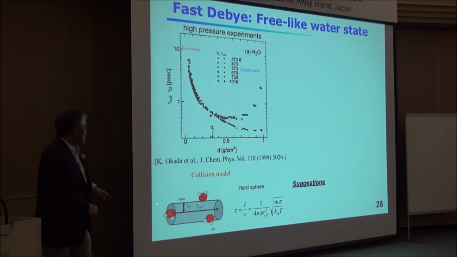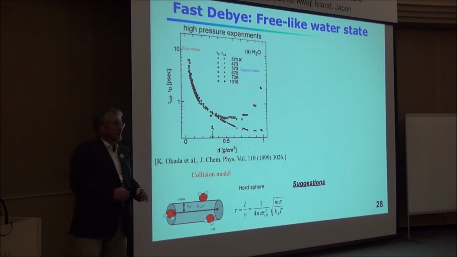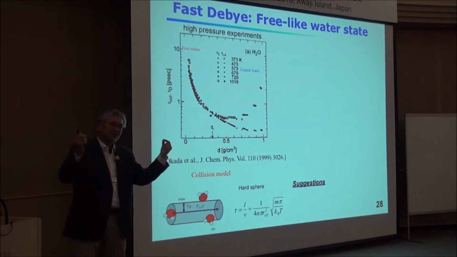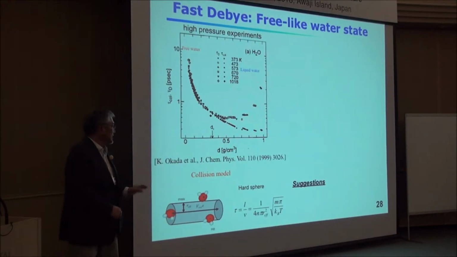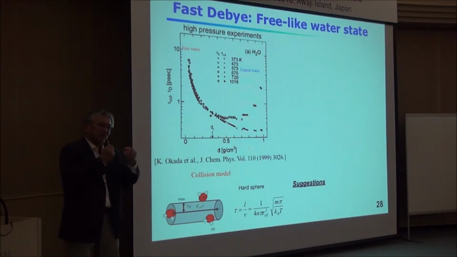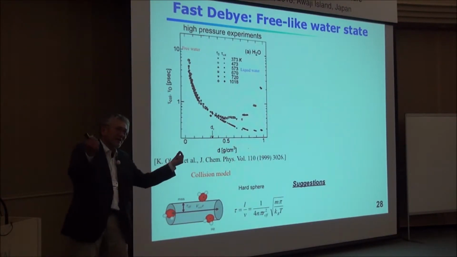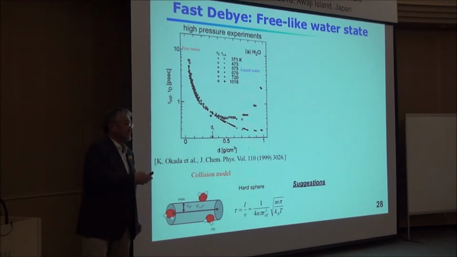If you consider a very simple collision model, with the density and the average kinetic energy, we can estimate the collision time. And actually, the collision time exists around here. So this is the kind of signature of free-like water in the bulk state.